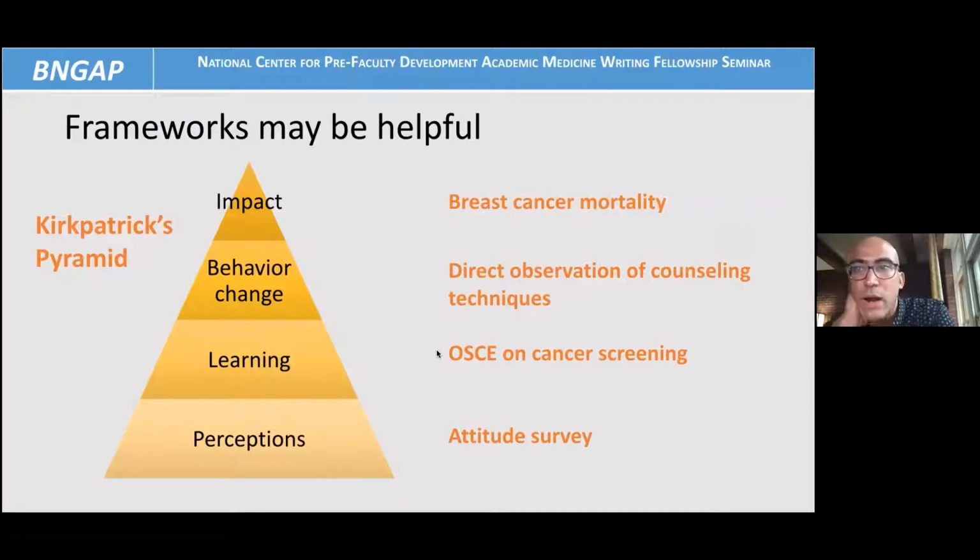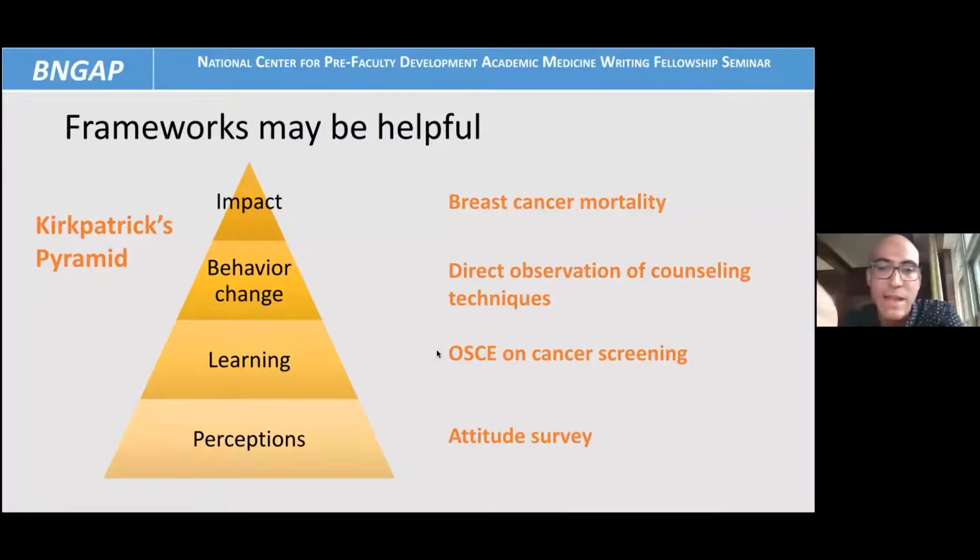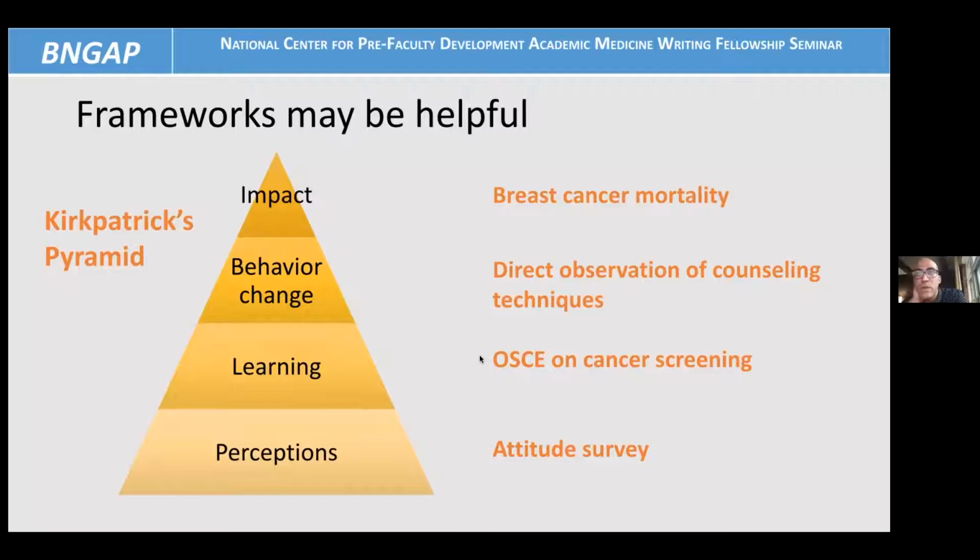This is where either some sort of knowledge-based pre and post test or some sort of checklist, say in an OSCE environment, might be used. I think the example we have here is on cervical cancer screening, or cancer screening in general. That is something that might be used to evaluate your educational goals and objectives at a slightly higher level than just the confidence that people might have gained at the end of your presentation.